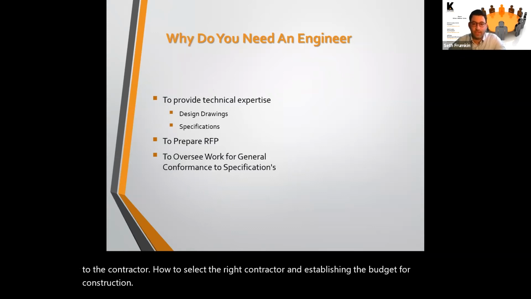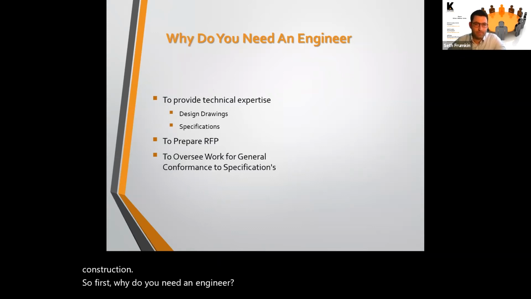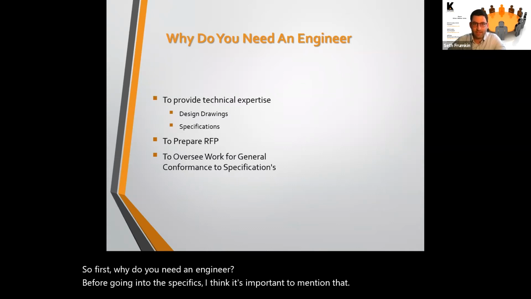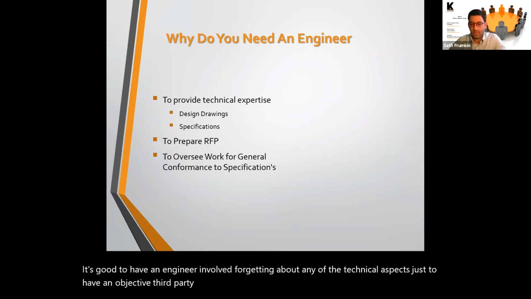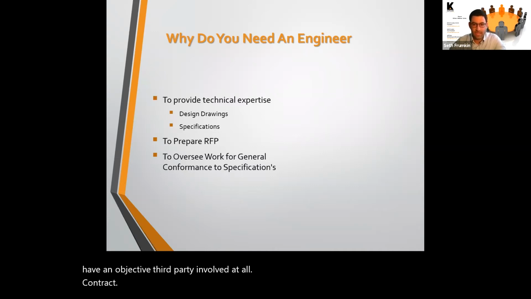So first, why do you need an engineer? And before going into these specifics, I think it's important to mention that it's good to have an engineer involved, forgetting about any of the technical aspects, just to have an objective third party involved at all. The contractors involved, if you choose the right contractor, typically they're very experienced and they know a lot about these projects.